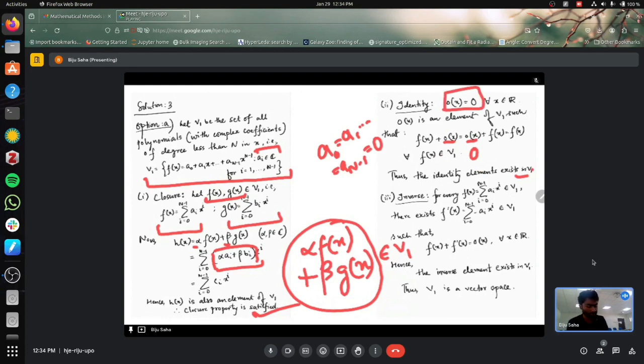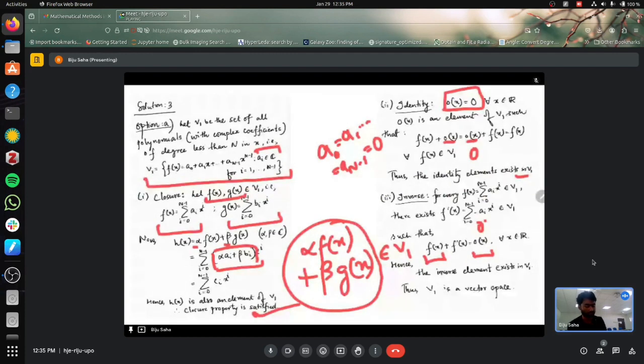Now the third condition is inverse. The inverse case is that you have to add some element to the function f(x) so that you get back the identity element. The identity element was 0. So what is something that you have to add to get back 0?